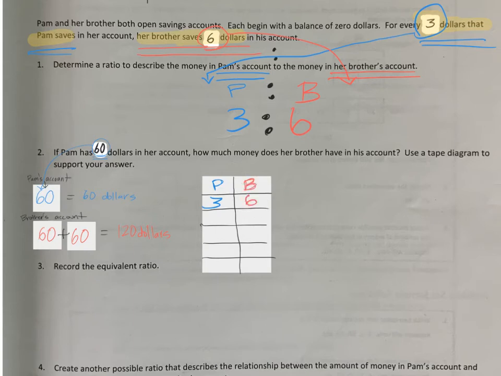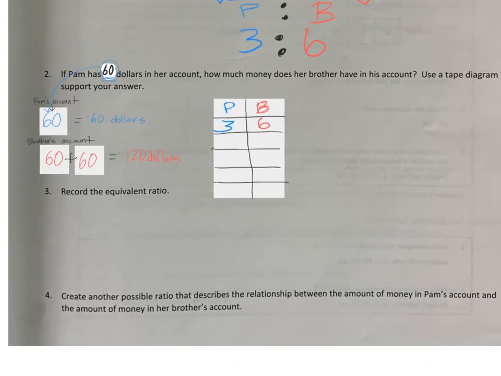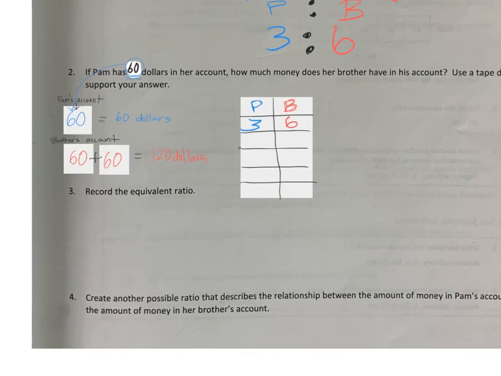And then we can take the other information that we have and plug that in. So we know that Pam's account is now worth $60. Okay, and we still don't know what brother's account is worth yet, and that's what we want to figure out, okay?